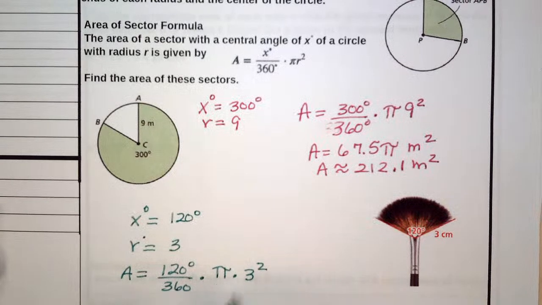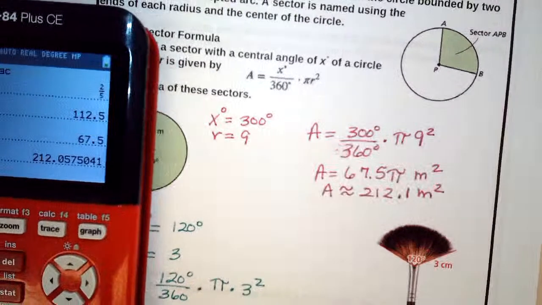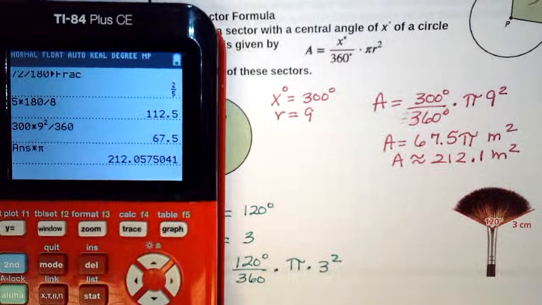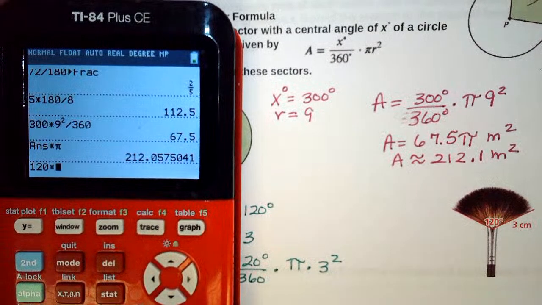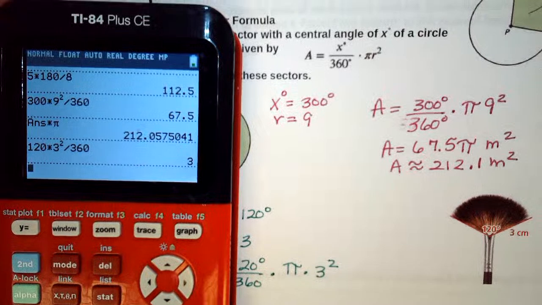Now putting everything in but the pi so I can get that exact measurement. 120 times 3 squared divided by 360. And I get 3.